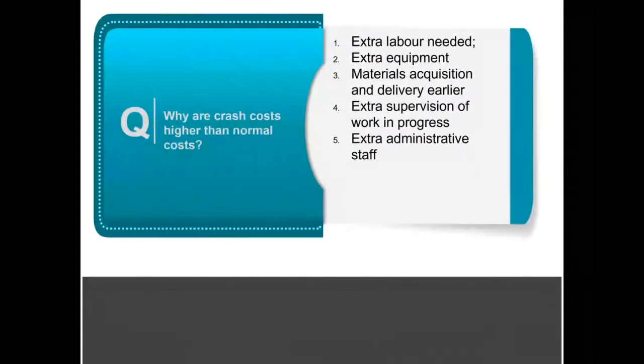So usually when we crash an activity, either we would need extra labor, or some extra equipment, or material acquisition and earlier delivery charges, right? Or there's extra supervision of the work in progress, or extra administrative staff. So whenever we explore acceleration, we have to take into account the extra costs that come with it.